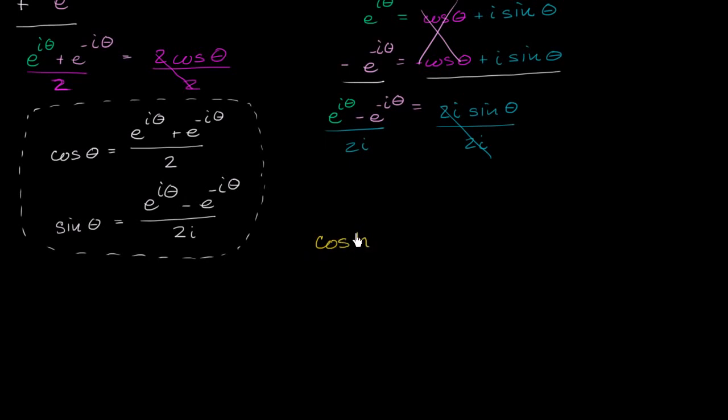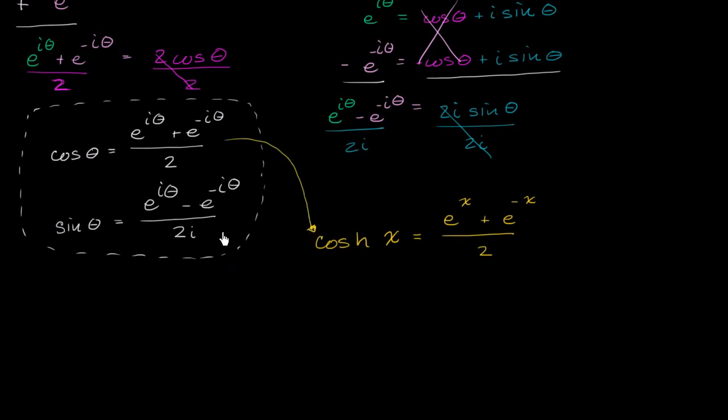I'm just experimenting right over here. And we'll say cosh of x is equal to, inspired by this, but we're going to get rid of all of the i's. So it's going to be e to the x plus e to the negative x, all of that over 2.